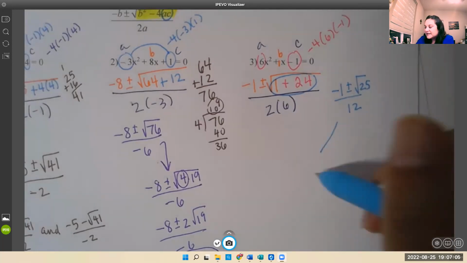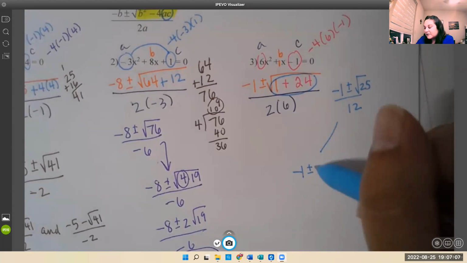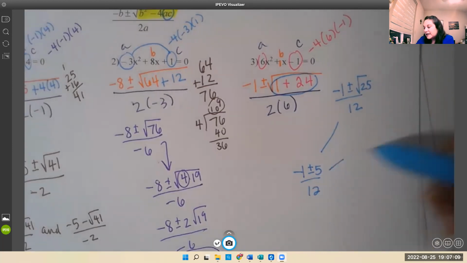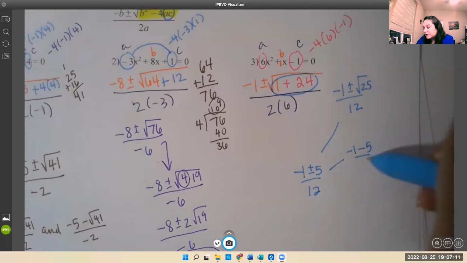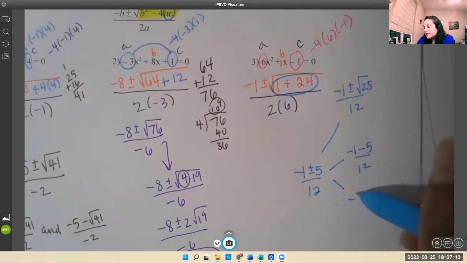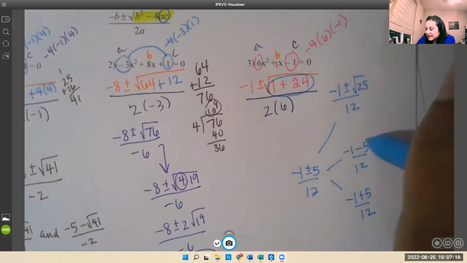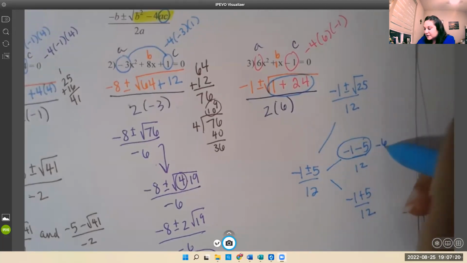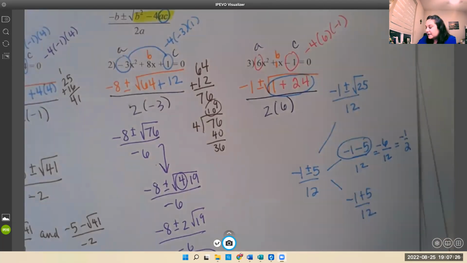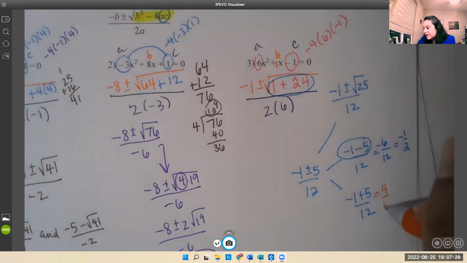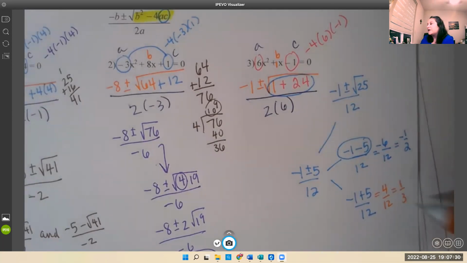So this is -1 plus or minus 5 over 12. -1 subtract 5 over 12, and then -1 plus 5 over 12. So -1 subtract 5 is -6 over 12, and that gives you -1/2. And then 4 over 12 is going to give you 1 over 3.